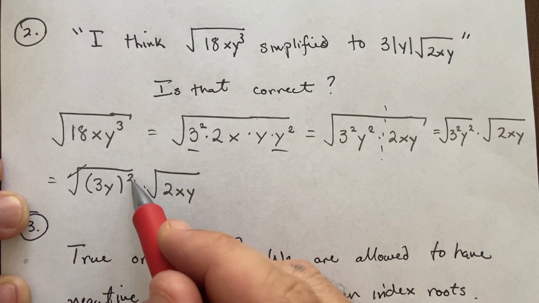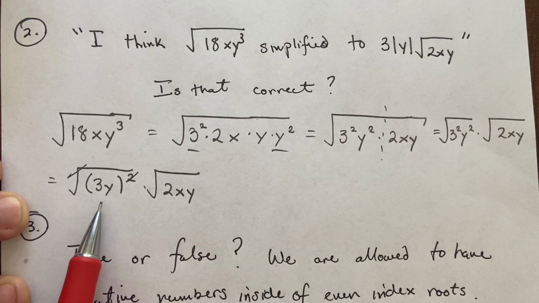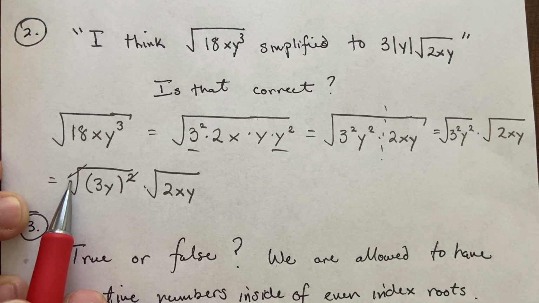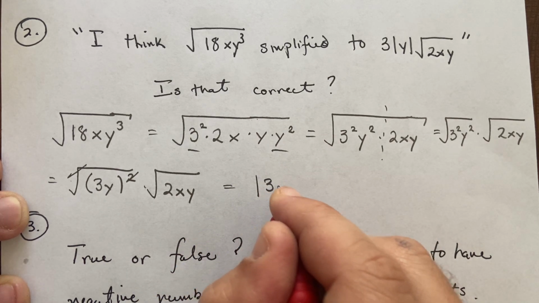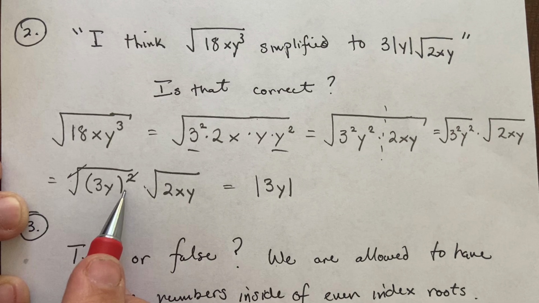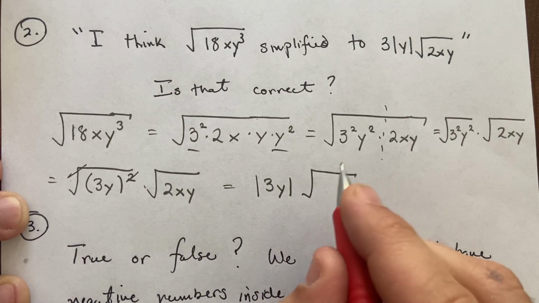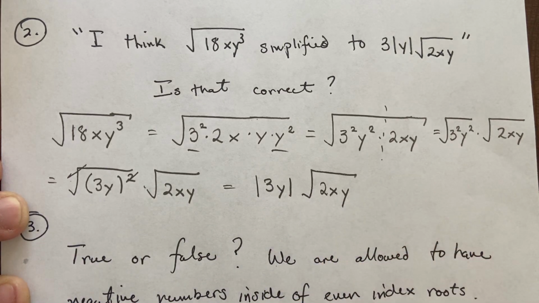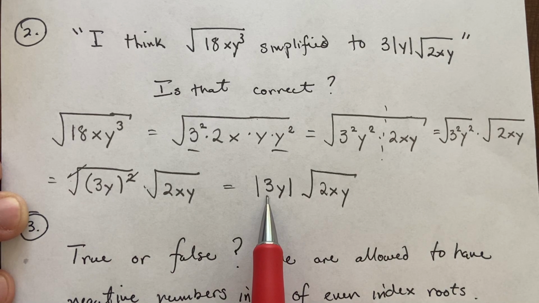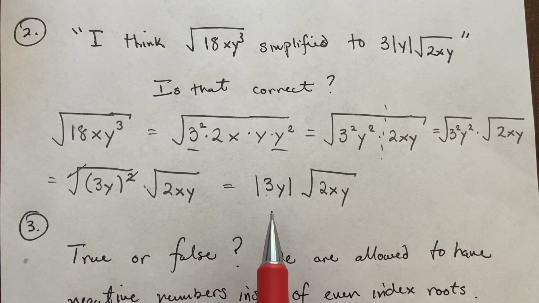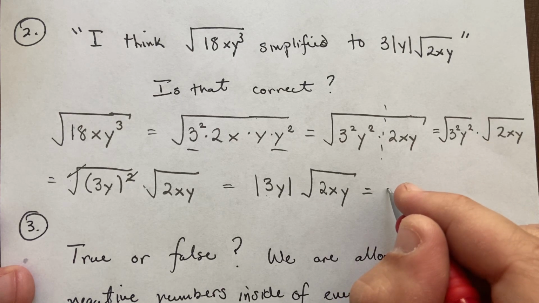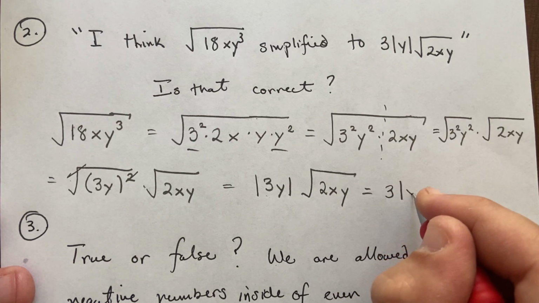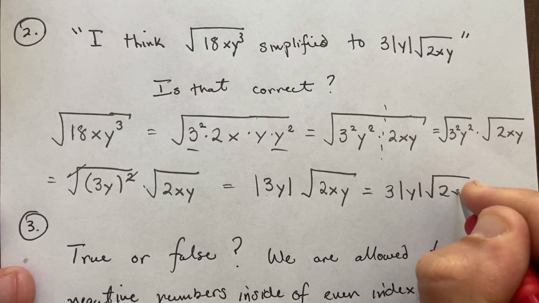When this cancellation occurs, I need the absolute value, right? I'm going from even to potentially an odd. So we have absolute value of 3y, since that was an even cancellation, times the square root of 2xy. The 3 is just a 3. It has no potential to become negative, right? So it doesn't need to be in this absolute value. So we can finally say 3 absolute value y times root 2xy.